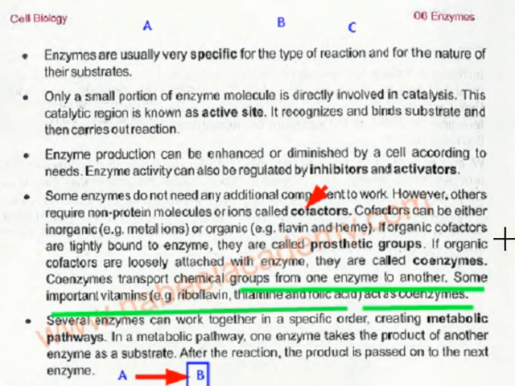But as we are talking about a metabolic pathway, this B can act as a substrate, and a certain enzyme can act on it and form product C. So for this reaction B is a product, and for this reaction B is a substrate, understand?